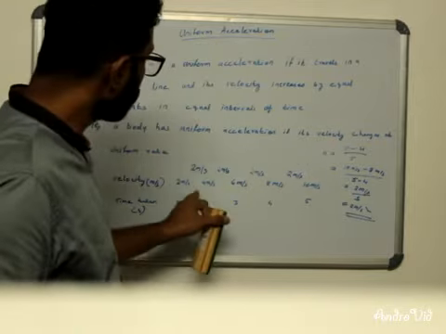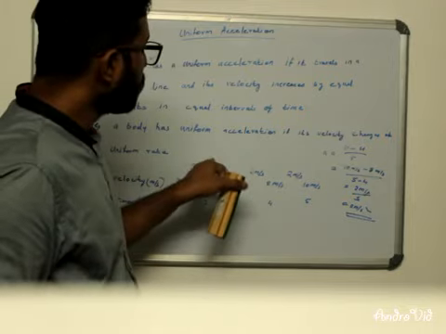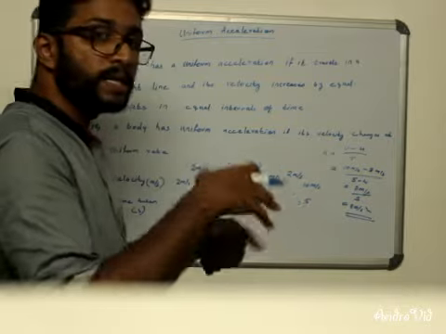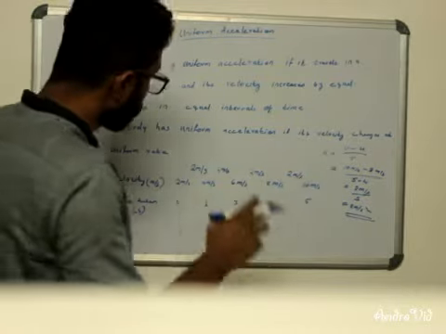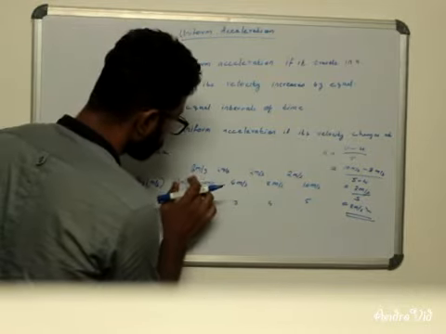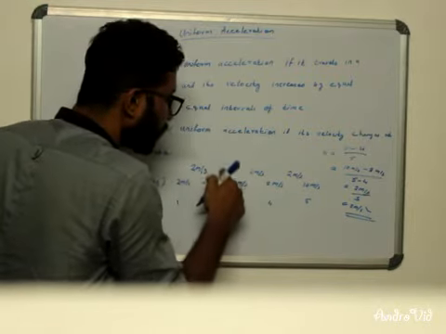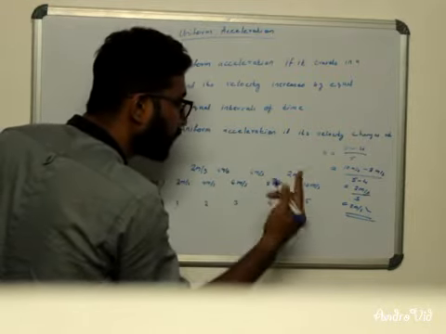So in every 1 second, 2 meter per second is increasing. So 2 meter per second in 1 second, again 2 meter per second in the next second.